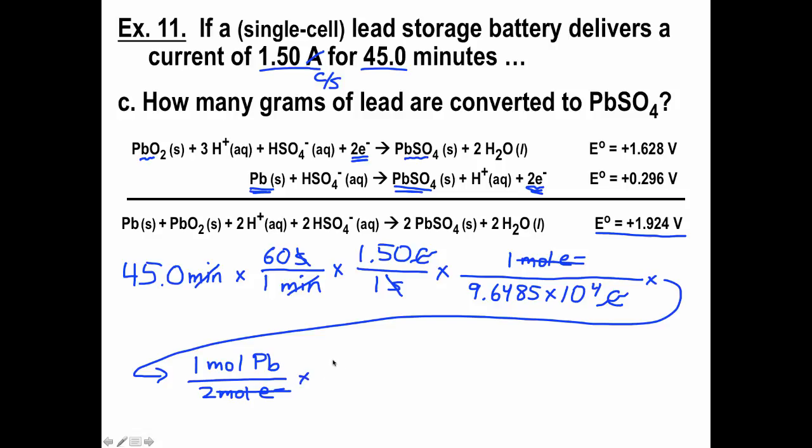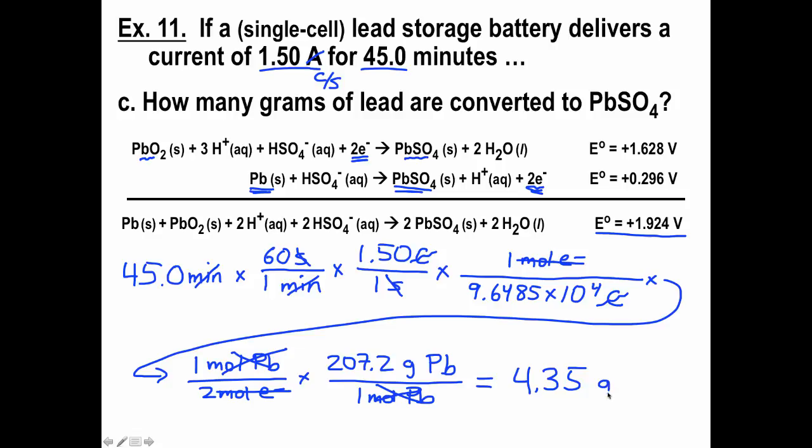And then if you use the periodic table, 1 mole of lead is 207.2 grams. So that lets us convert moles of lead into grams of lead. And taking 45 times 60 times 1.50 divided by 9.6485 times 10 to the 4th divided by 2 and multiplied by 207 gives us a total overall final result of 4.35 grams of lead that was converted into lead sulfate.